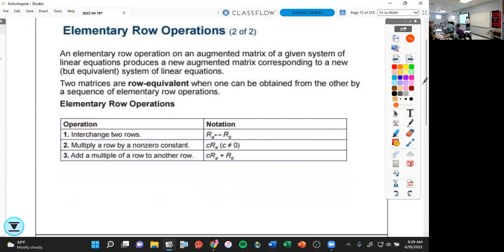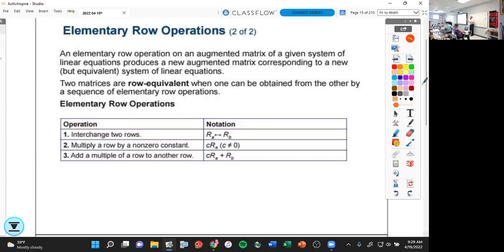Okay, look at this notation. If I want to swap two rows, I would say R sub 1 with an arrow pointing both directions, R sub 2. That just means I'm going to take row 1 and row 2 and swap them. If I want to multiply a row by a non-zero constant, I would put that constant in front of the row.